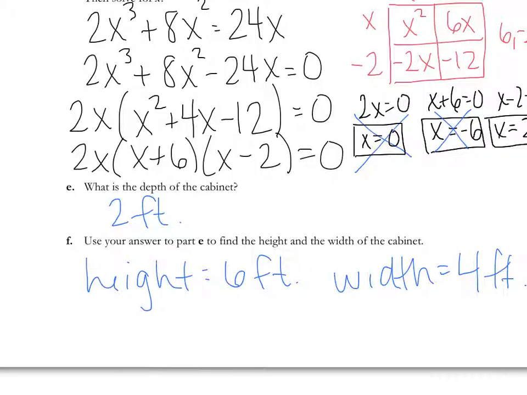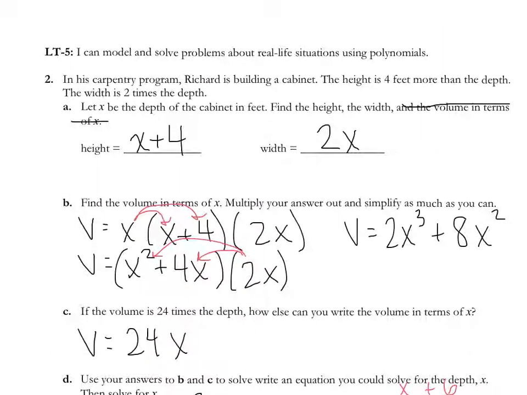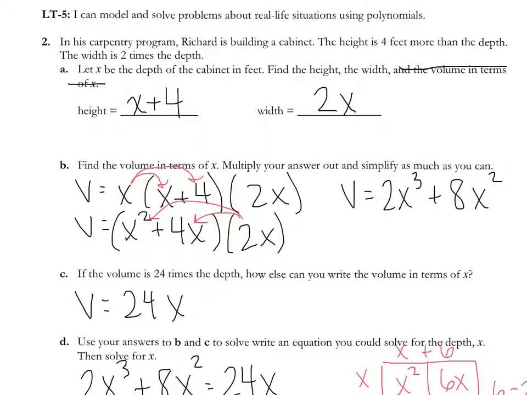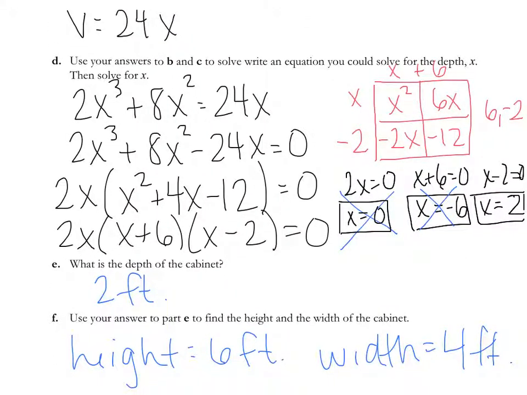So just to quickly review what we did in this problem, because it was a bunch of parts, we used all the information given to us to figure out 2 different formulas for the volume of the cabinet. Since these were 2 different formulas for the volume of the same cabinet, we knew that those 2 volumes needed to be the same, so we were able to create this equation that we were able to solve for the depth x.